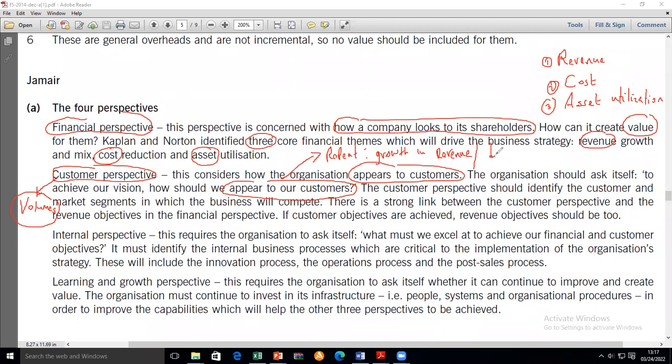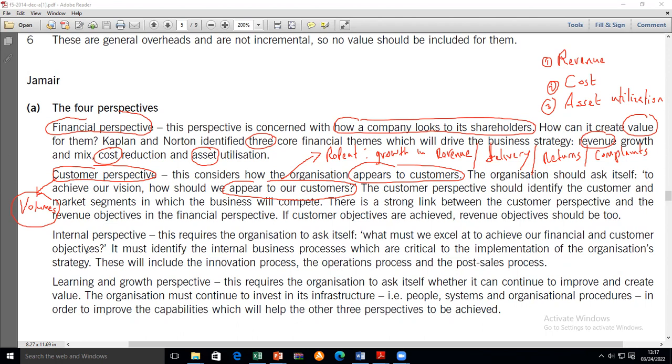The issue of delivery. Do we deliver on time? What of returns? What percentage of items is returned? What of the number of customer complaints? So all these give us a customer perspective.